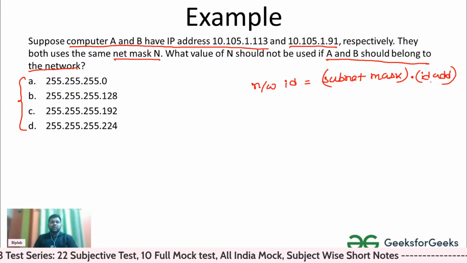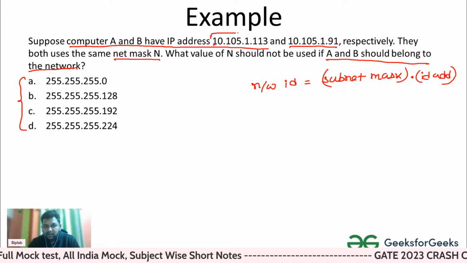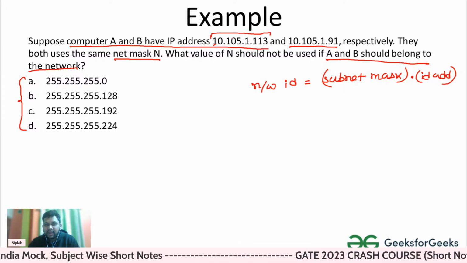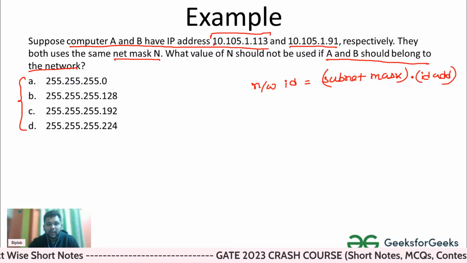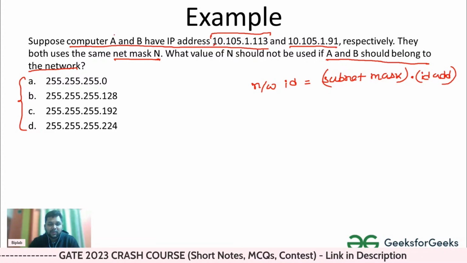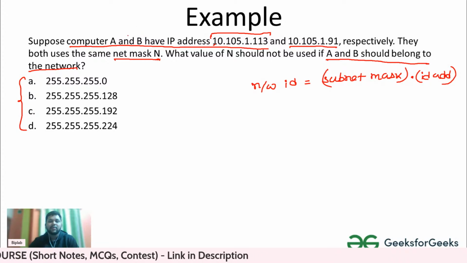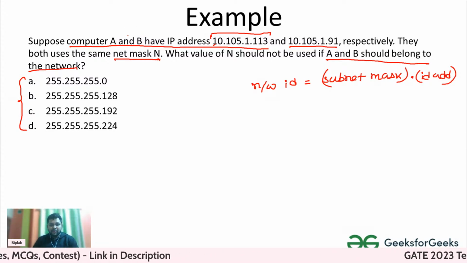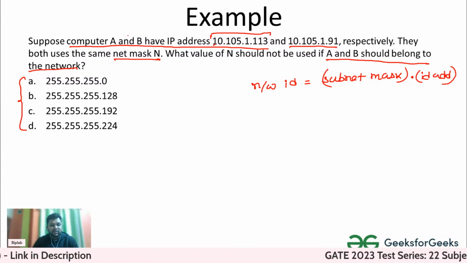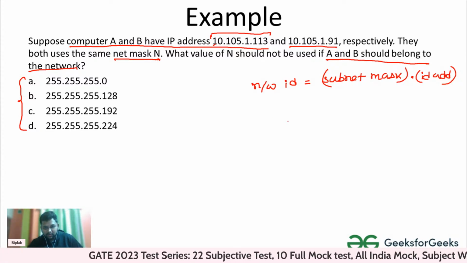If computer A has this IP address and performs AND with N, it will give A's network ID. The same way, B also can get B's network ID. Now you have to choose an N from this list which gives the same network ID. So tell me the answer.